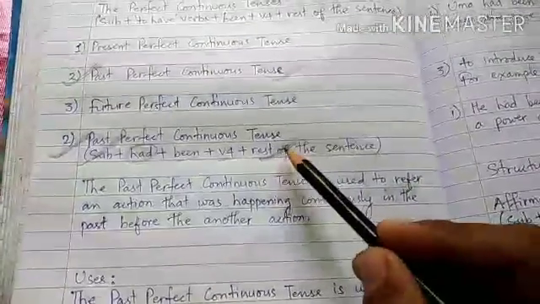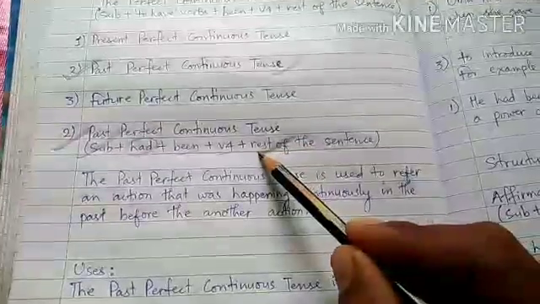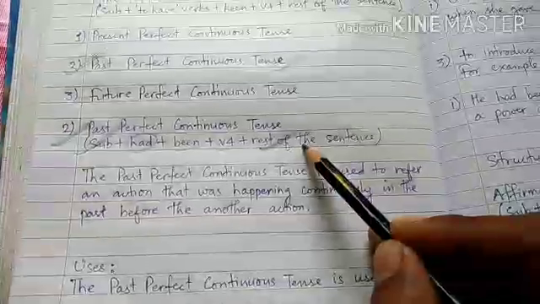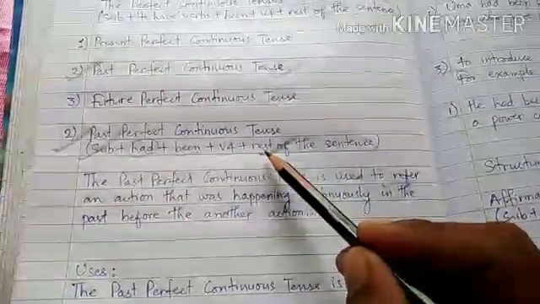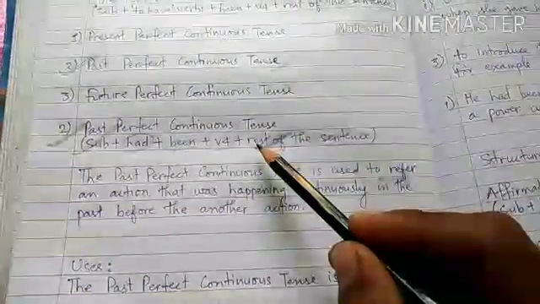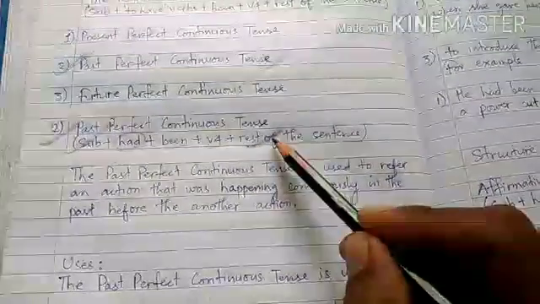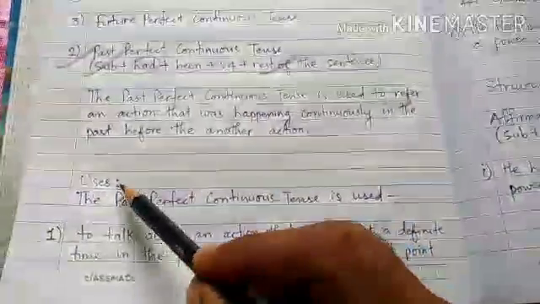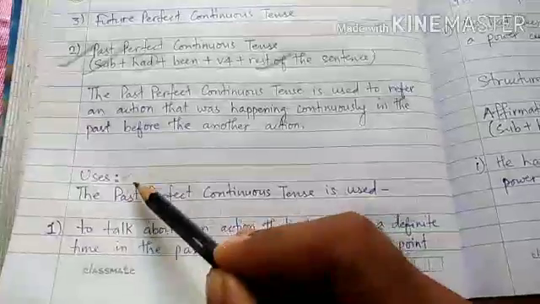Whether we put the expression of action in the simple past tense first or at the later part of the sentence, if you read the sentence written in the past perfect continuous tense, the first action, which was affected by the other action, is expressed in the past perfect continuous tense. Okay, so at first we will see the uses of the past perfect continuous tense.